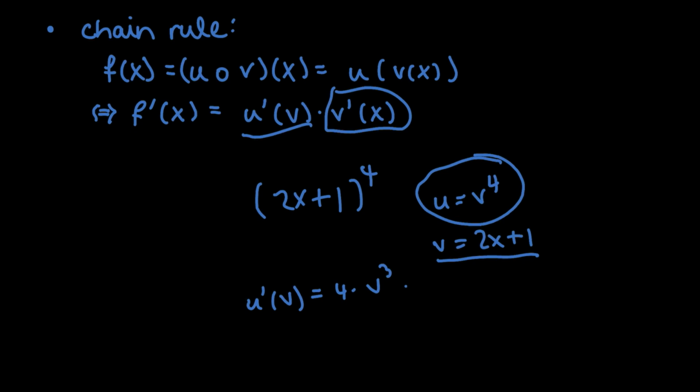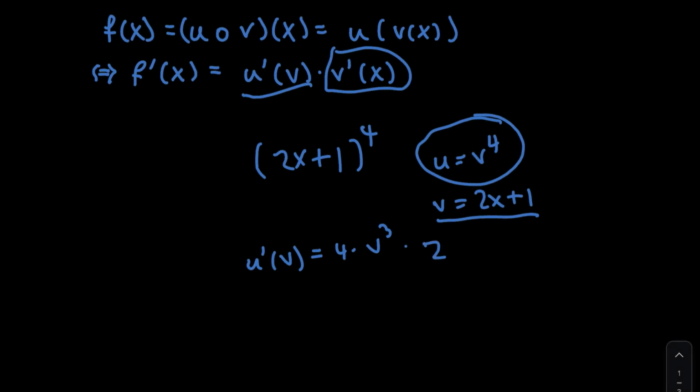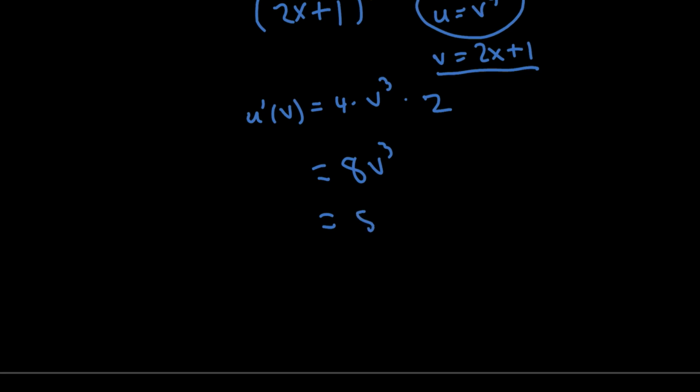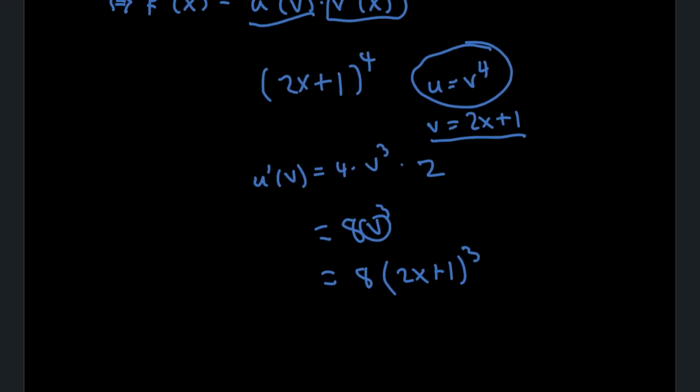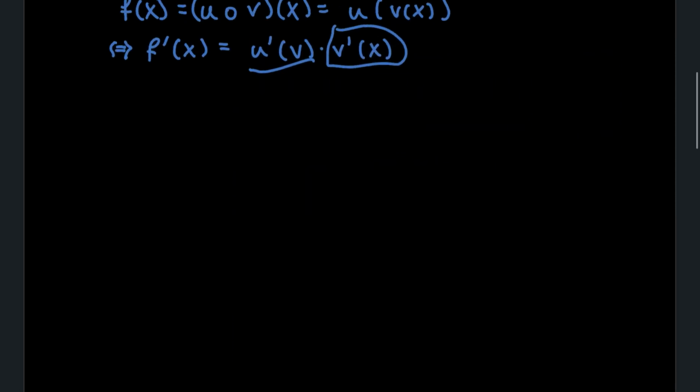The derivative of that is 2, using the constant coefficient rule. Now we can evaluate 4 times 2, that's 8, and we're multiplying by v cubed. We can rewrite this as 8 times (2x plus 1) cubed, because v is just 2x plus 1. So that's how you apply the chain rule, but we'll do more examples in a bit concerning the chain rule.